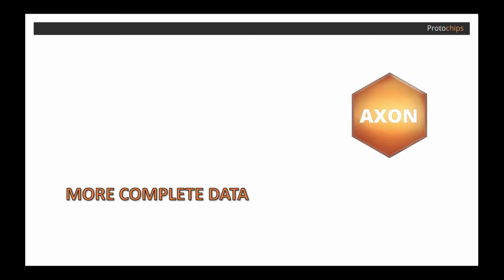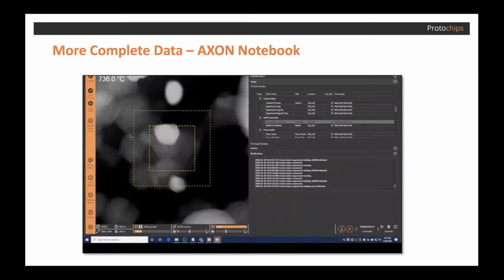The next area I want to touch on, as far as our experience in this experiment, was a huge enhancement in how rich our data was in information. Again, the AXON Notebook app really was a superstar in our experience.